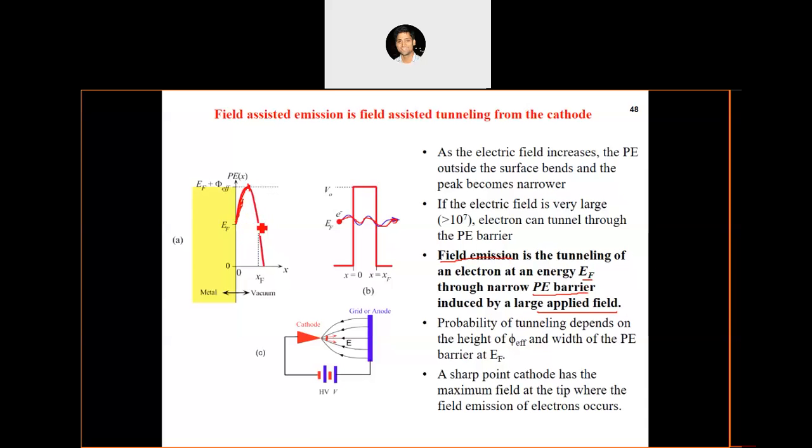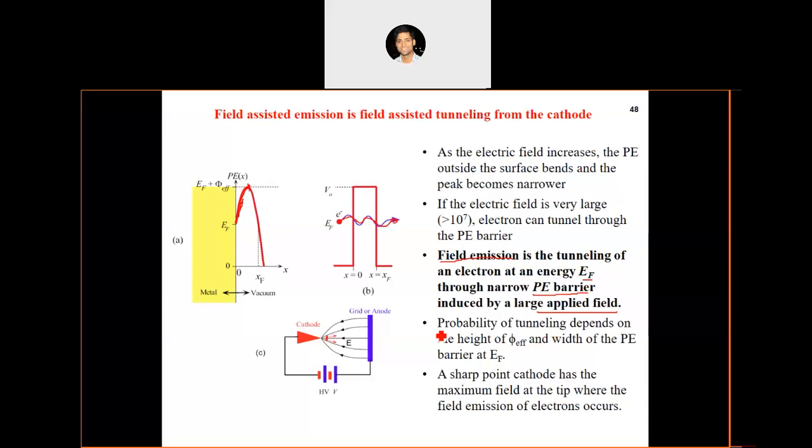If the peak becomes narrow, but this phi effective is very high, in that case the tunneling is not possible. I will show you how the probability of tunneling depends on these two parameters. One is the phi effective and the other one is the width of this potential energy barrier. But you should remember that if this barrier is very high, then also tunneling cannot happen, right?